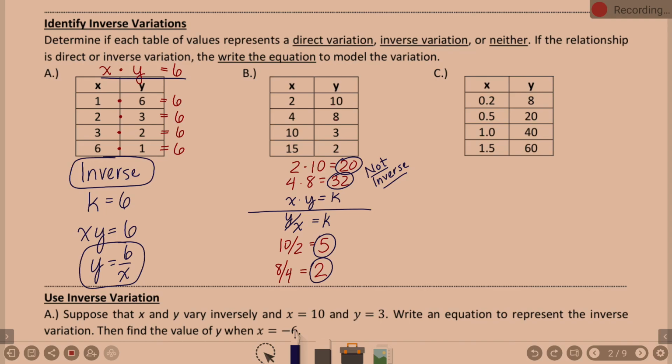So now y divided by x didn't work. So this tells me that this is not direct. It's not direct because it doesn't complete the form y divided by x. If it's not inverse and it's not direct, it is neither.